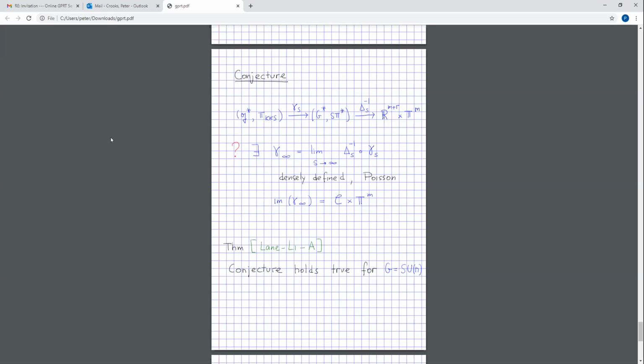So I'll tell you a little bit more about it. If it exists, it will more or less automatically be densely defined in Poisson, and its image is very likely, almost surely, the product of the cone times the torus. You see, it would explain basically all the things at once. It will give you some kind of nice formula for the limit of gamma.